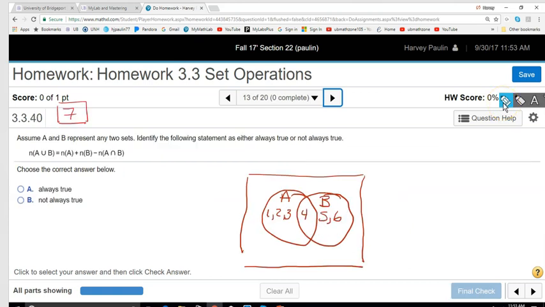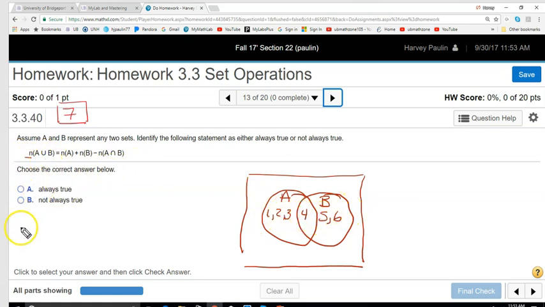In example 7, we're going over cardinal numbers of sets, and I've developed a little example here to help maybe interpret this. So this is going to be the cardinal number of the union of A and B. So we can just count them. There's 1, 2, 3, 4, 5, 6.